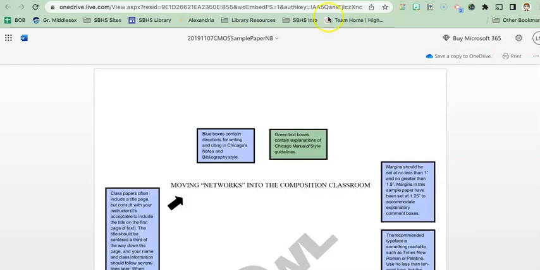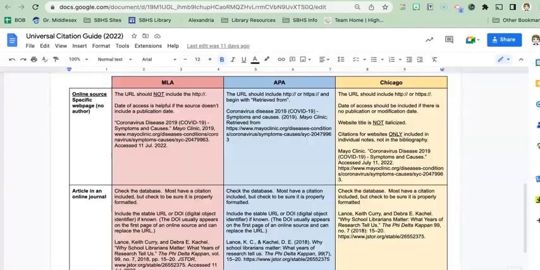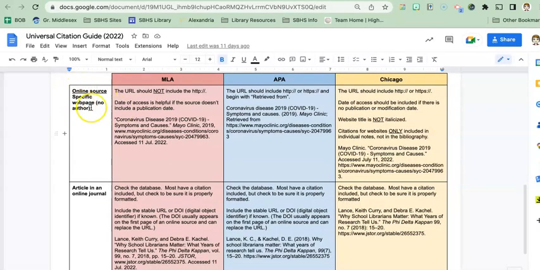The only difference, and you'll notice this on our Universal Citation Guide, for things like OYA, if you're looking at an online source, like a web page, website titles are not italicized, that's a difference, and citations for websites only appear in your individual footnotes, not in the bibliography.